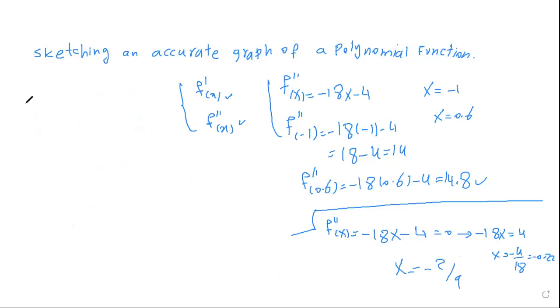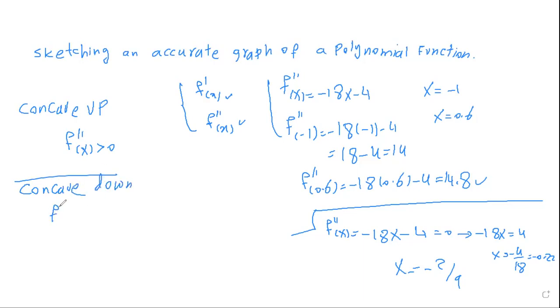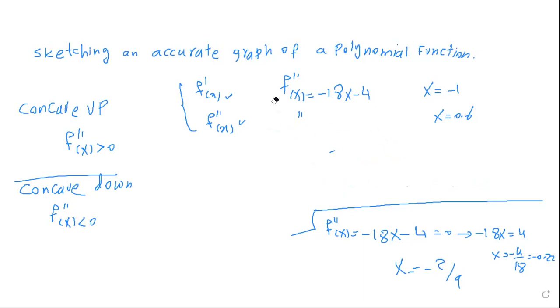Concave up, because we didn't talk about that, f''(x) greater than 0. Concave down, f''(x) less than 0. Listen, concave up, f'' greater than 0. Concave down, f'' less than 0.